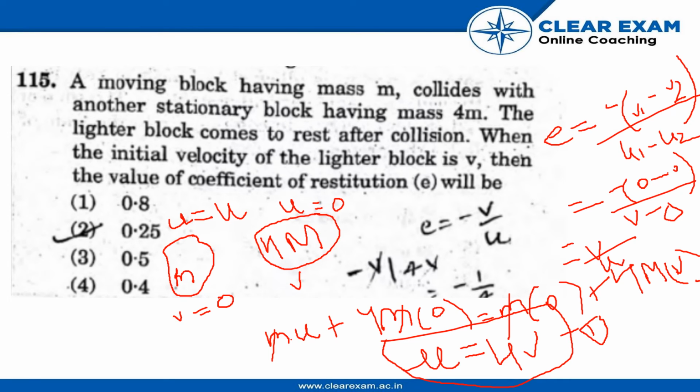So v upon u, from this first equation, we will get nothing but 1 by 4. And 1 by 4 in decimal form is 0.25.